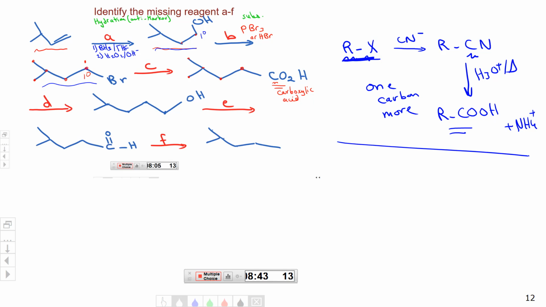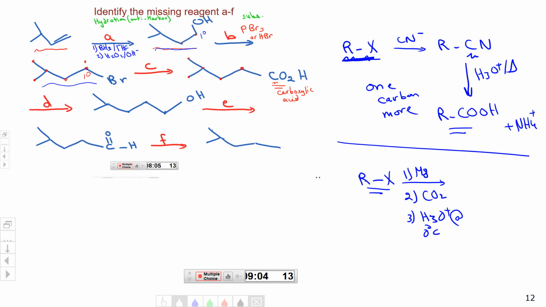The other one is also starting with an alkyl halide and doing Grignard: magnesium, followed by CO2, followed by H3O plus at 0 Celsius. First, the RX plus Mg is going to form the Grignard.